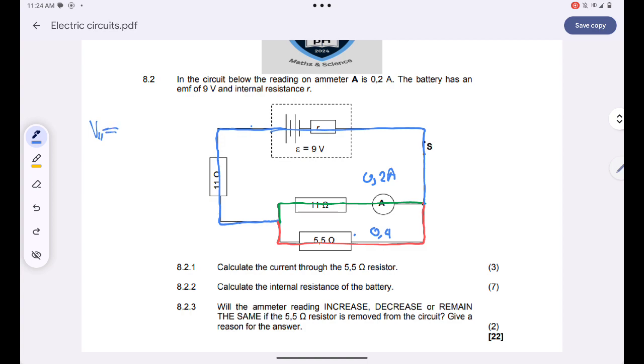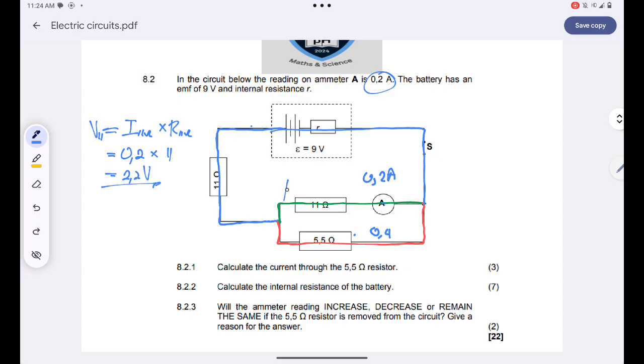V parallel is basically equal to the current flowing through the 11 ohm resistor multiplied by its resistance. I was told that this ammeter reads 0.2 amperes. So I have 0.2 multiplied by 11. I'll simply get 2.2 volts altogether.